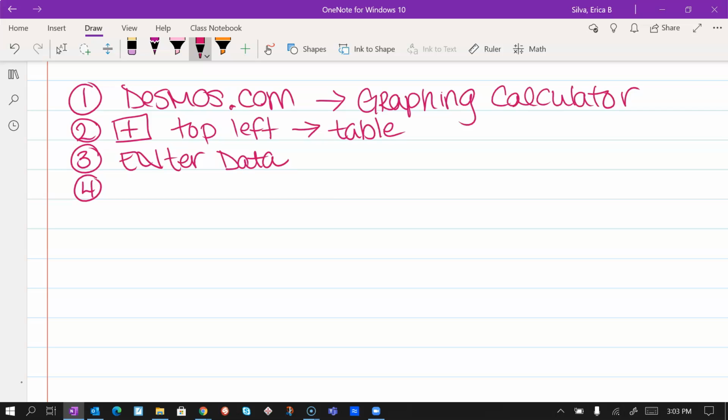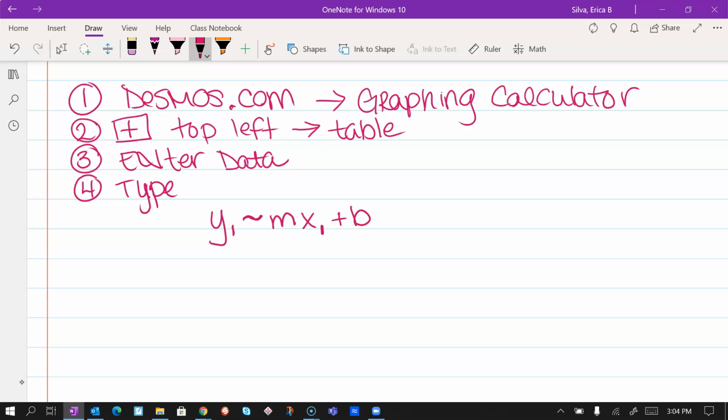So for our linear, we need to type this exactly the way it is, or else it's not going to work. Trust me, because I tried it. You're going to put y1, and then this little squiggly line. On a standard keyboard, it's on top of the tab key. You have to push shift and then that key. And then we're going to put mx, again with that little subscript 1, plus b.